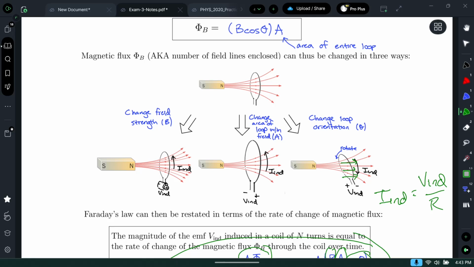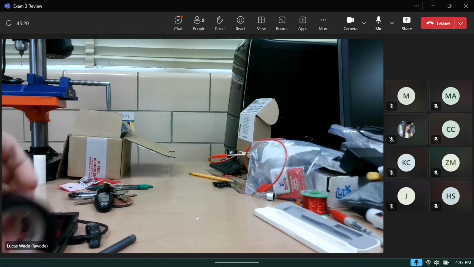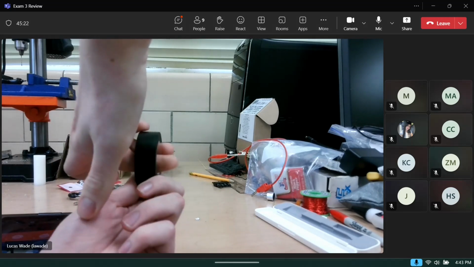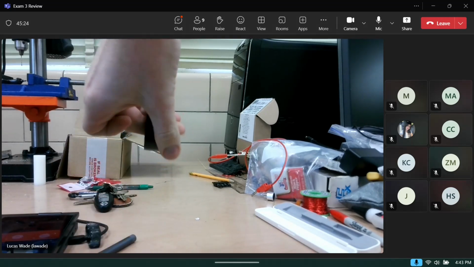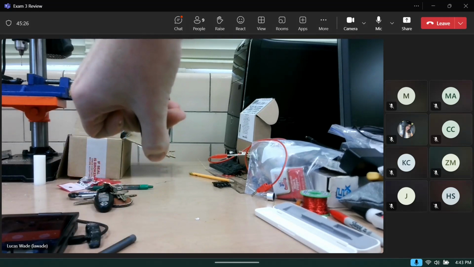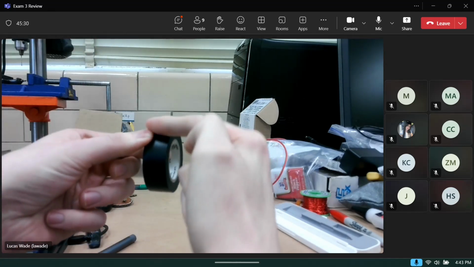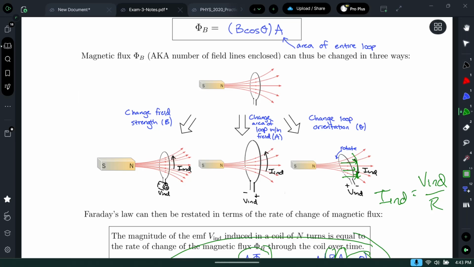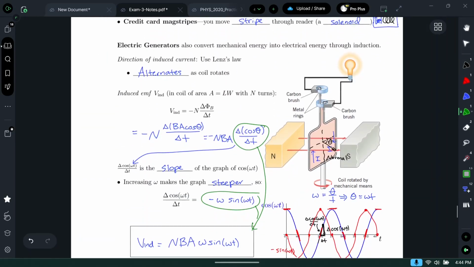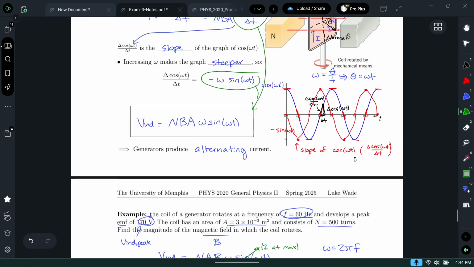In order to create a field that points to the right like that, current has to flow sort of top to bottom on the front side of the loop. So we need a field that points to the right. My thumb touches onto the loop like this, meaning current is flowing like that. All right, and that is Lenz's law.